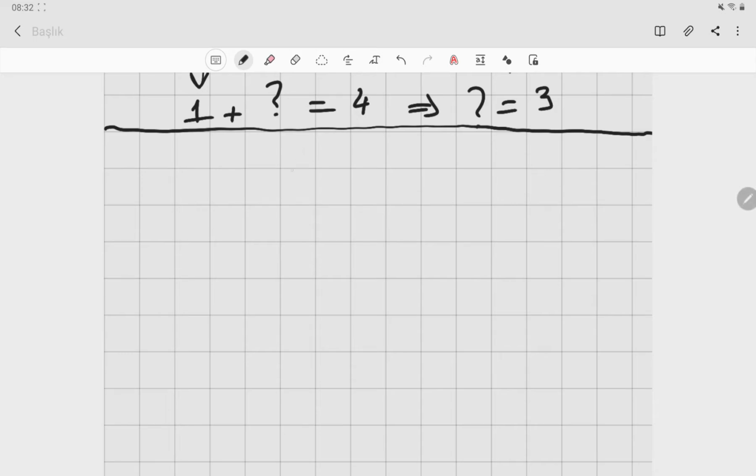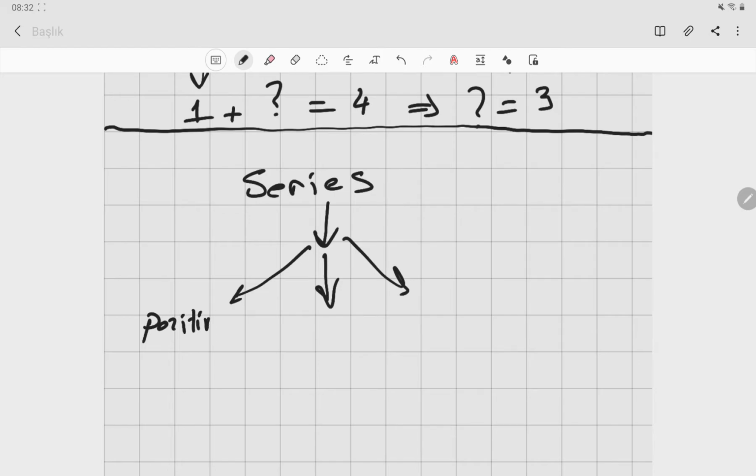I mean, in series, our main interest, there are 3 types of series: a positive series, namely a series whose all terms are positive, and alternating, and a power series.